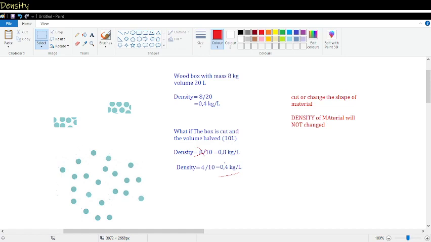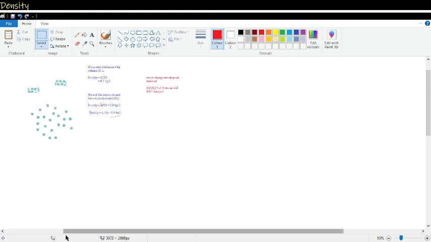Of course, it will be related to the other topic about thermal expansion. If you heat an object, the particles inside the object will be like, for example, like this.